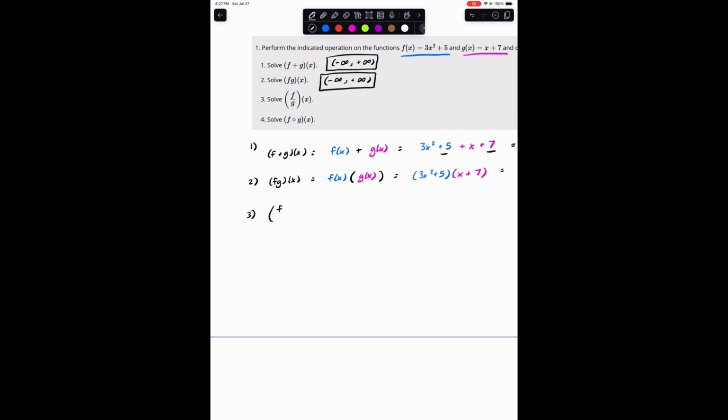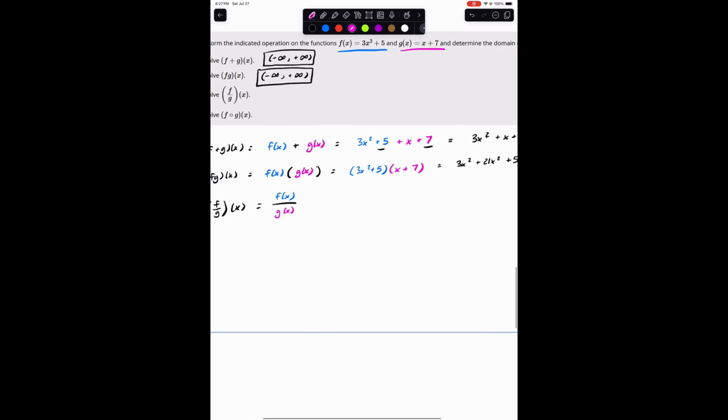Number 3 is f over g of x, which is just f of x over g of x. Okay. We get 3x squared plus 5 over x plus 7.